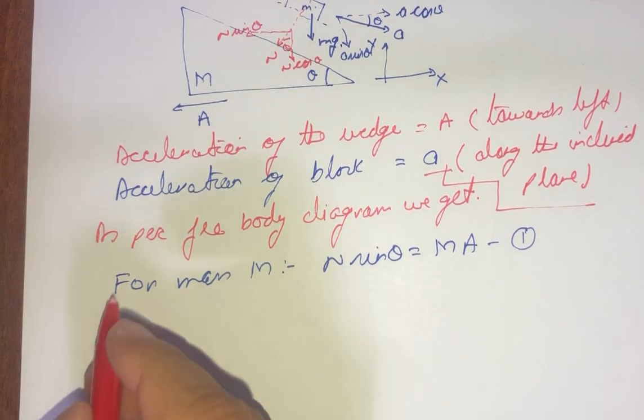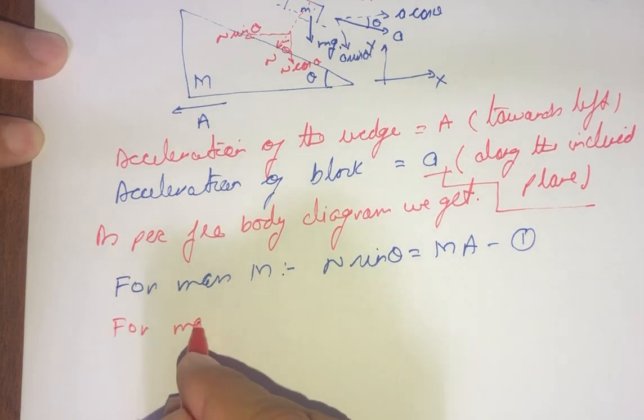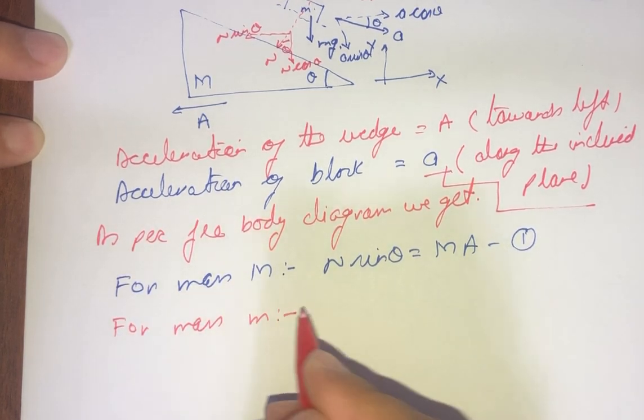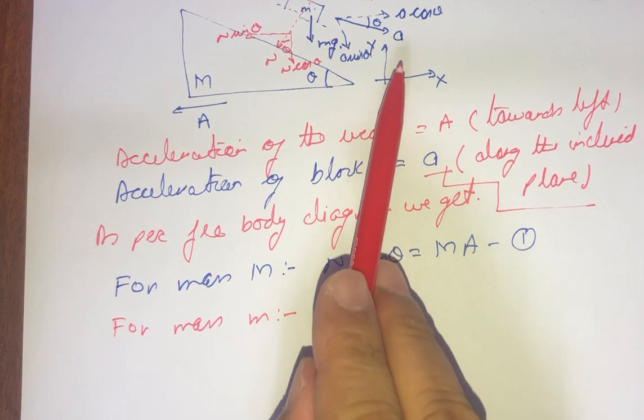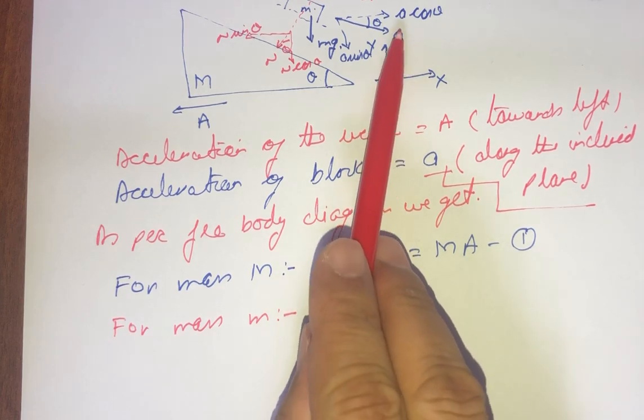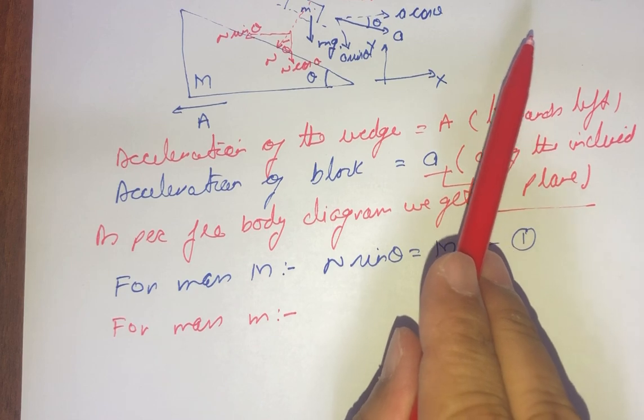Now we find out for mass small m. We can say that the acceleration is in the downward direction and it has a component of a cos theta towards the right.